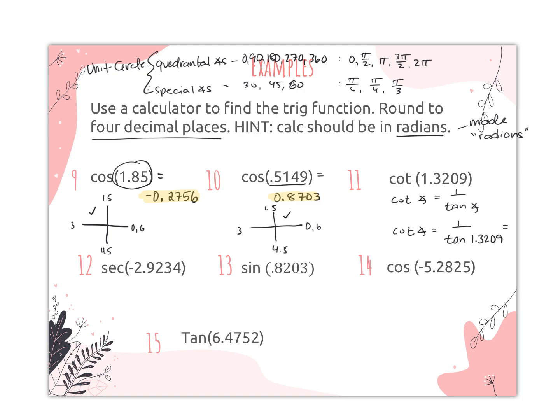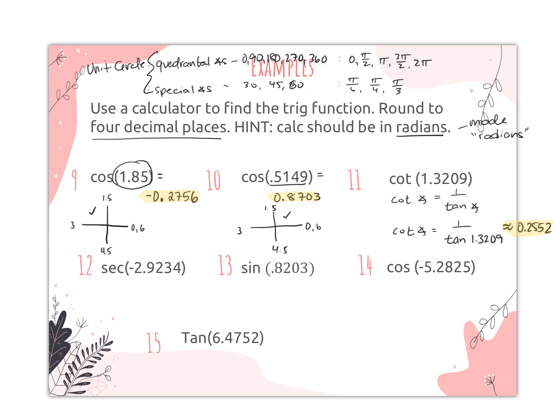That's what I'll enter into my calculator: 1 divided by the tangent of that number. And I'm going to get approximately 0.2552, rounding to 4 places. So that's my cotangent of that value.